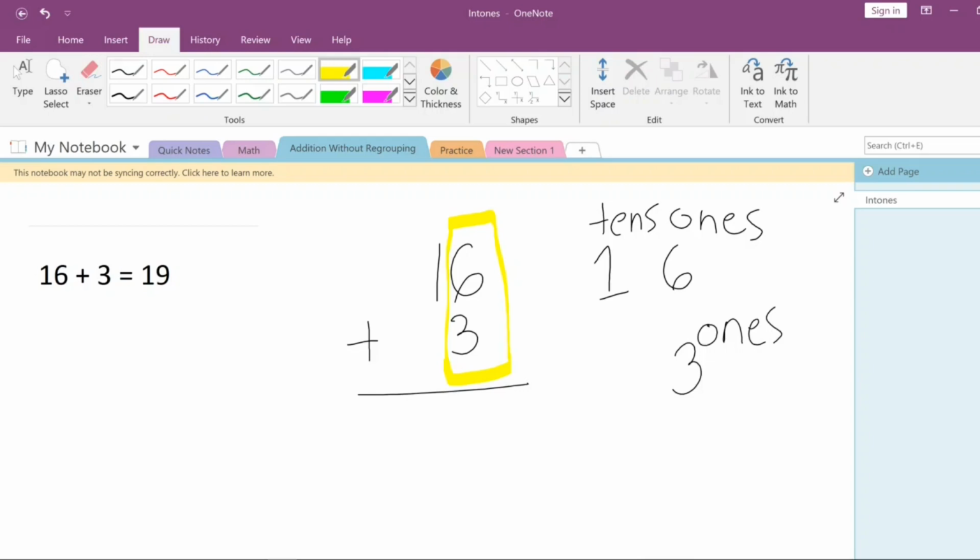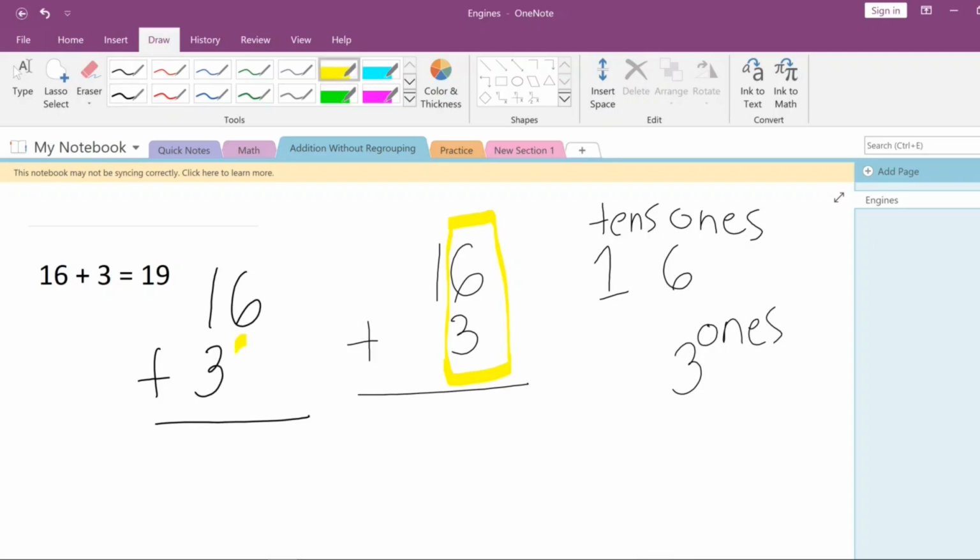This is very important because if you align the numbers in the wrong way, then you've got the wrong answer. For example, you've got 16 plus 3. Look at this number. It's not properly aligned. So if we do the math, 6 plus any number, it doesn't have a number below.